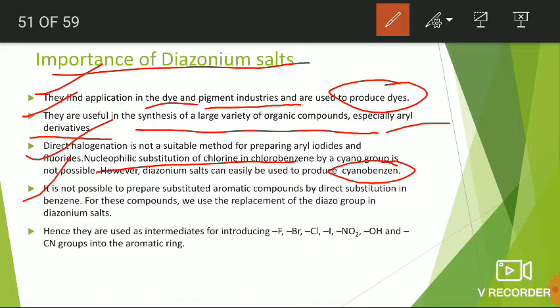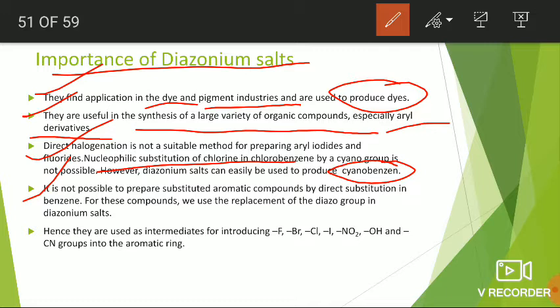It is impossible to prepare some substituted aromatic compounds by direct substitution on the arene ring, but we can get those substituted arenes or aryl derivatives simply by using diazonium salts as starting materials.